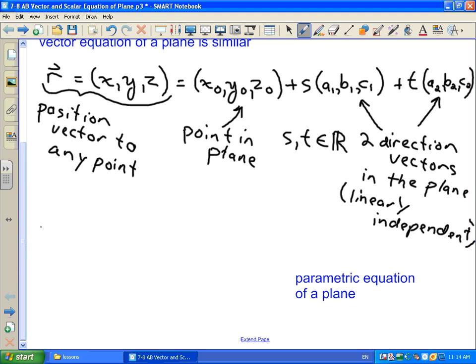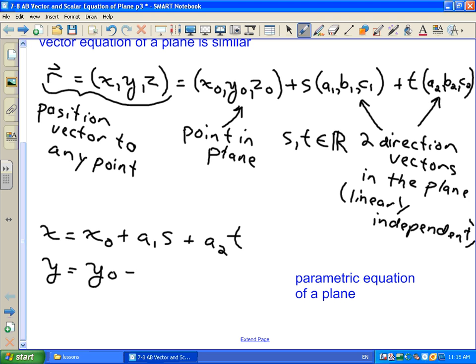So x is going to be x naught plus a1 times s plus a2 times t. So now our parametric equations are going to have a constant, in this case x naught, and two parameters, s and t, that factor into them. We can do the same thing for y and z.